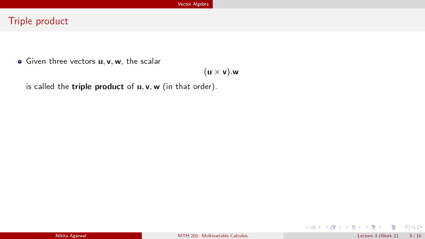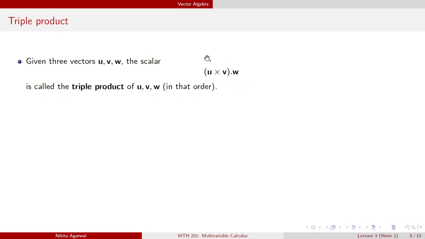Okay. So now we are heading towards understanding what the cross product means geometrically. And to do that we will introduce a concept which is called the triple product. Given three vectors u, v and w, the scalar u cross v, so this is a vector, right, you take its dot product with w.